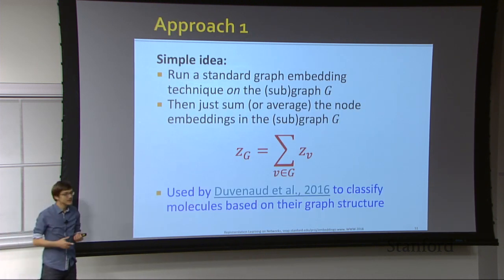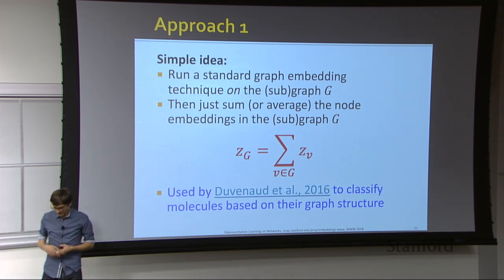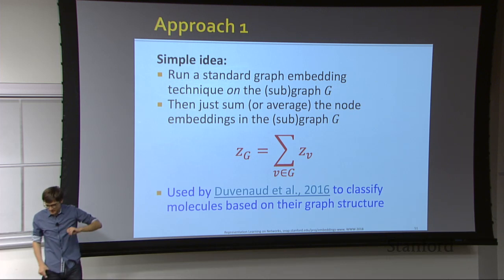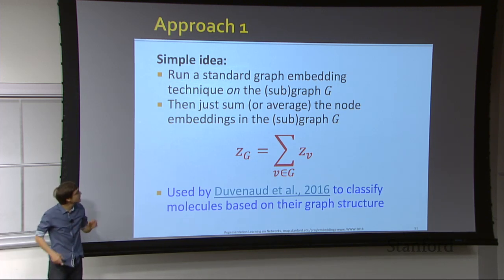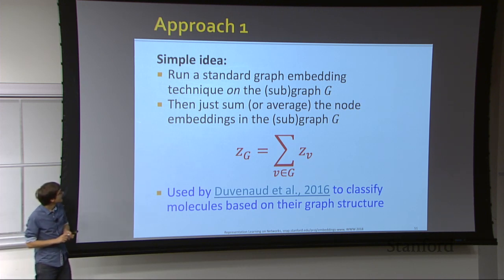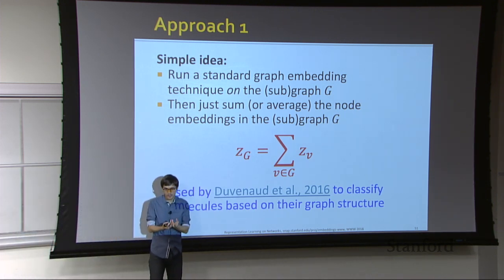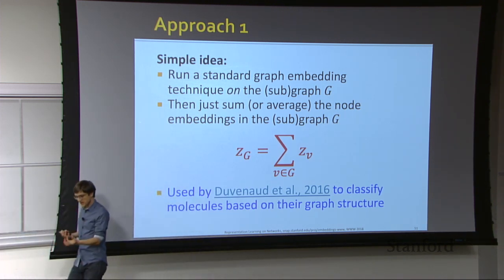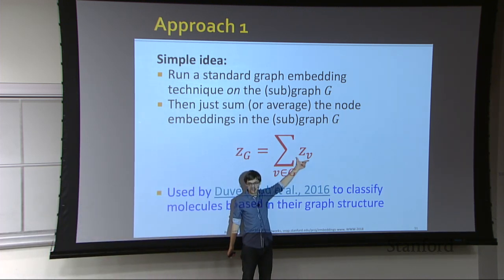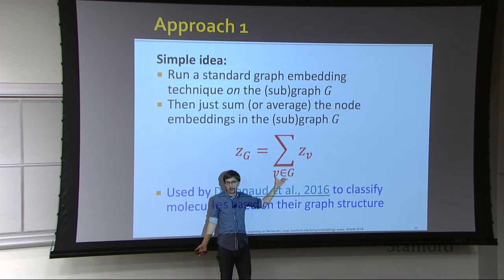Here is the simplest idea that people have proposed. The simplest idea is to run our standard graph embedding technique to embed all the nodes of the graph, and then to create the embedding of the subgraph, you simply sum up the embeddings of the nodes appearing in that graph or in that subgraph.